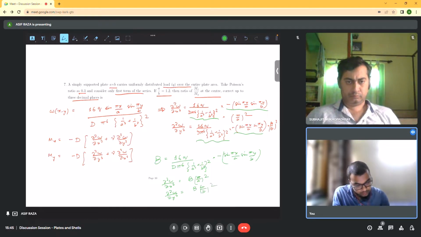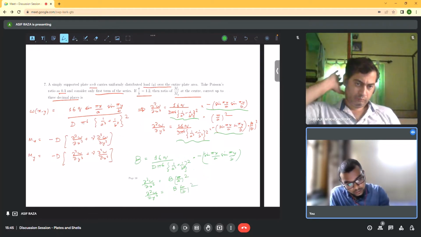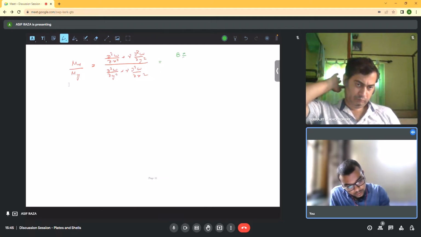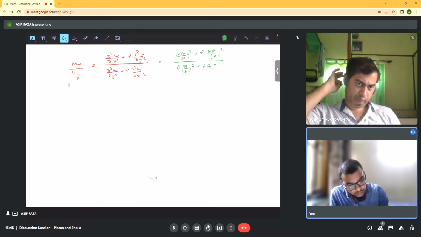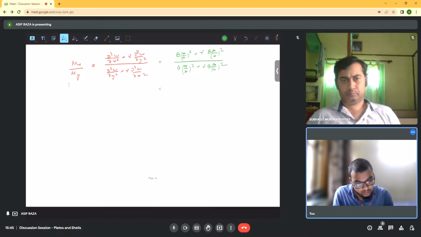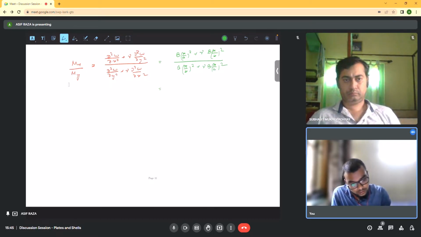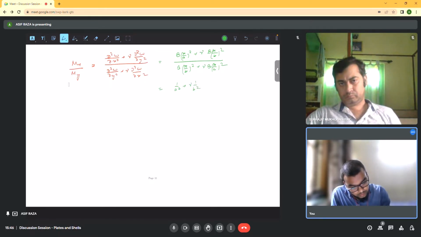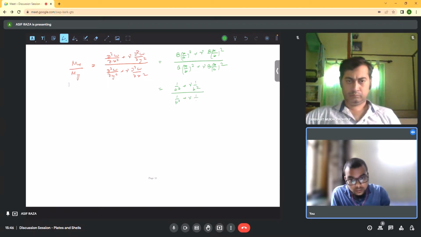Okay. So substituting these values here, we get B pi by A whole square plus mu B pi by B whole square, over B pi by B whole square plus mu B pi by A whole square. The B cancels out and pi square also cancels out. So we'll have 1 by A square plus mu 1 upon B square, over 1 upon B square plus mu 1 by A square.